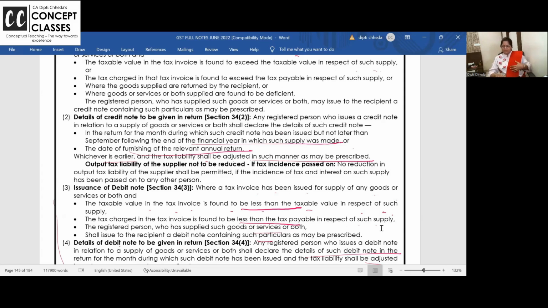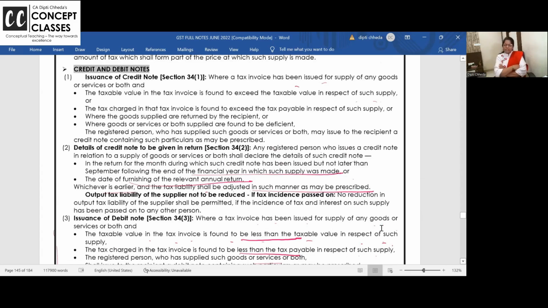Yes, because we have charged the value more, we have charged the rate more, we have charged the goods more.